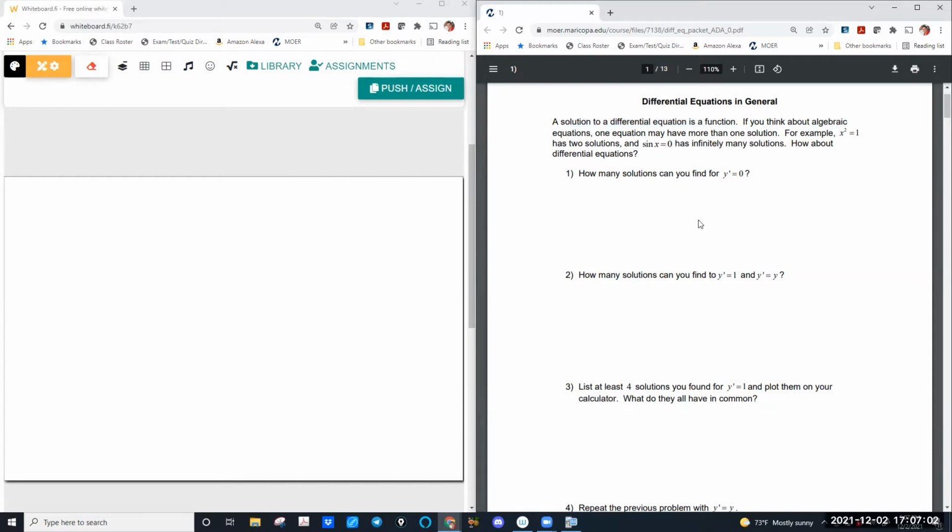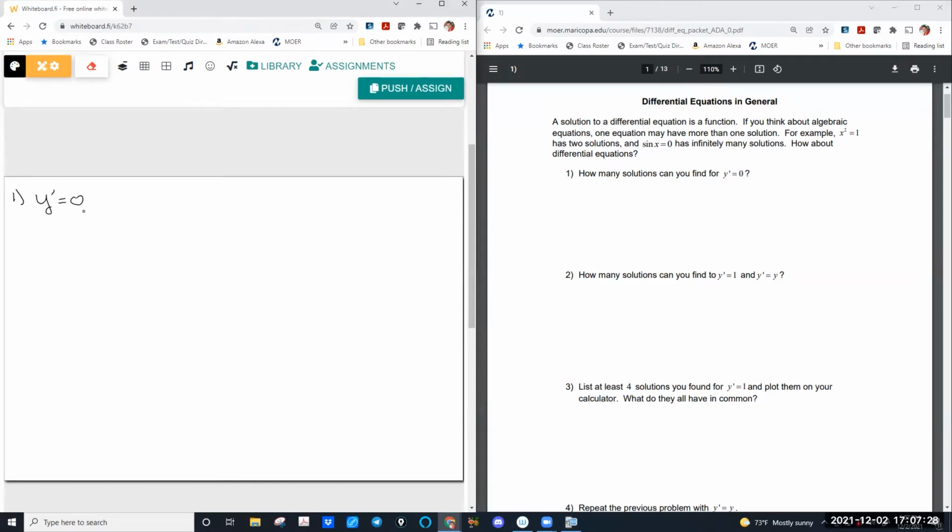Okay, so let's talk about what that means. First off, like I said, some of these questions I'll throw to you. If it's newer stuff, I'll do it on my own. But what about number 1 here? How many solutions can you find for y prime equals 0? Before you answer, that would be a differential equation. Let's think about what that means. Y prime equals 0.